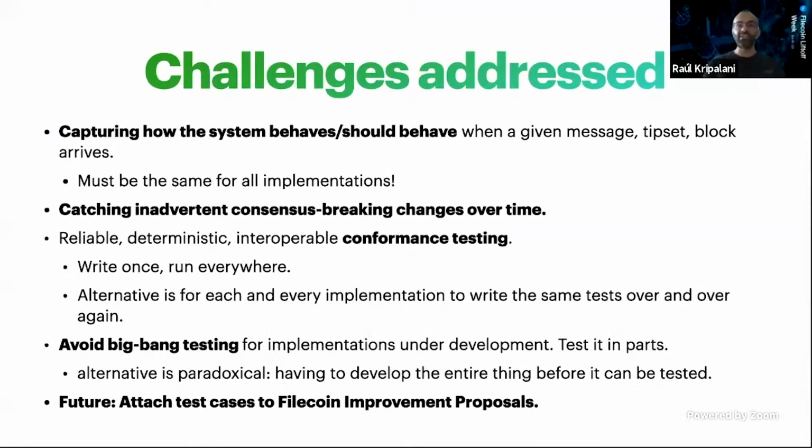Some of the challenges addressed by test vectors: first of all, we need a way to capture how a system behaves given a specific message or a specific tipset or a specific block, because the way that an implementation behaves should be exactly the same across all implementations. As we accumulate a corpus, a body of test vectors, it also allows us to catch inadvertent consensus-breaking changes that we make to the implementation.